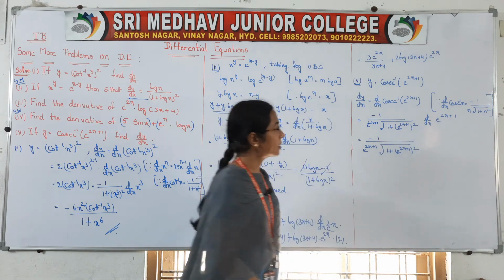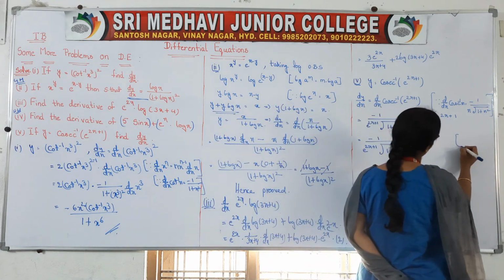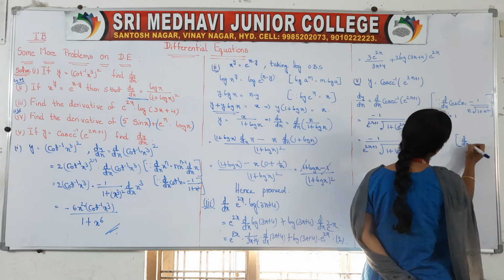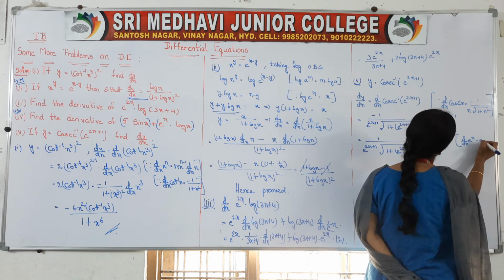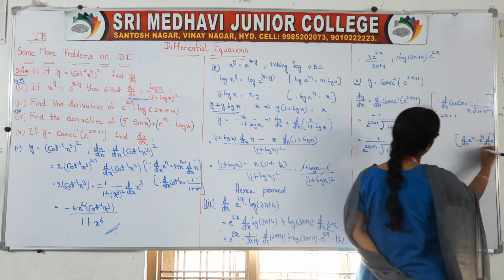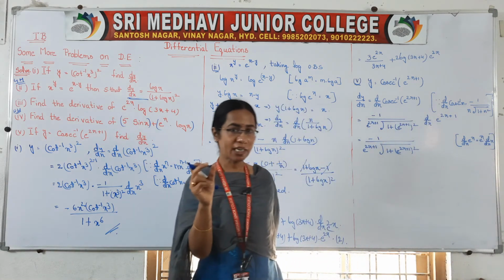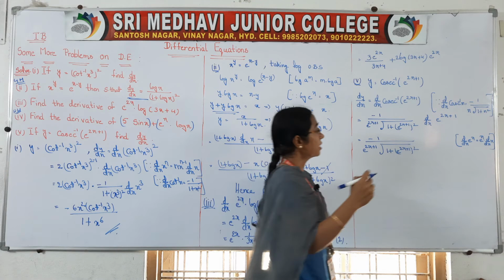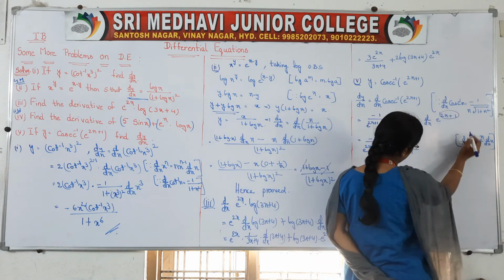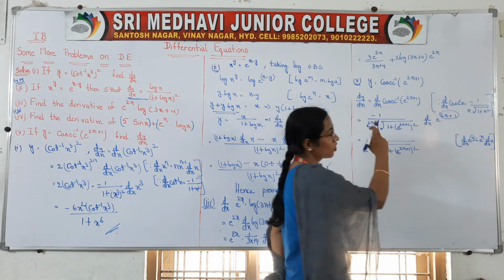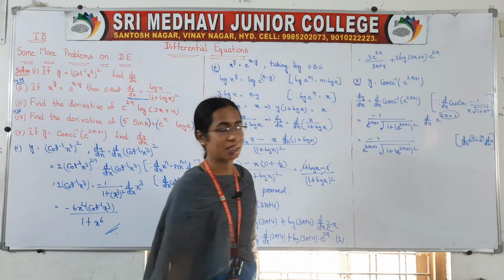There is one formula: d by dx of e to the power of x is e to the power of x into d by dx of x. Here instead of x we are having 2x plus 1.